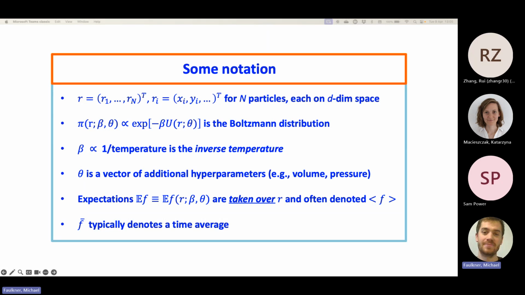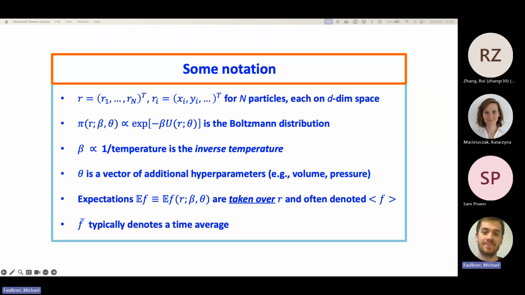So these r's are some n times d-dimensional vector. Pi r beta theta is the Boltzmann distribution. So beta and theta are hyperparameters that we're not sampling over, which sample over the r's. And this beta, you're probably familiar with it, is proportional to 1 over the temperature, and it's something called the inverse temperature. Theta is a vector of additional hyperparameters. So that might include the volume or the pressure applied to the system. Don't need to worry too much about what that means.